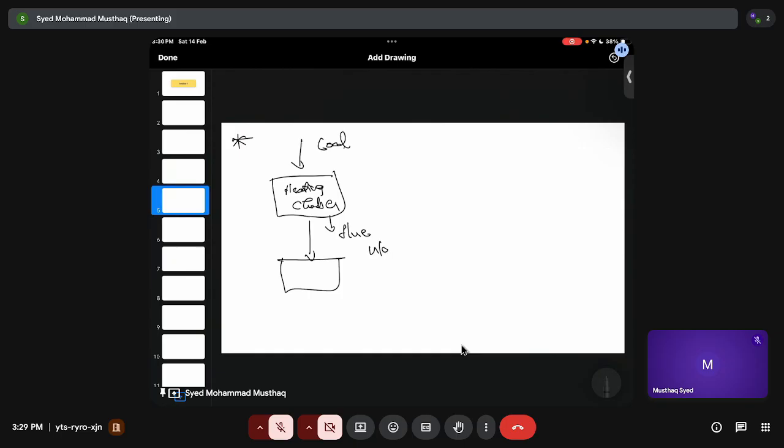You have your flue gases, I mean the gases which have been combusted. Once you get it, after the coking process you will quench it. For that quenching you can use water or inert gas.